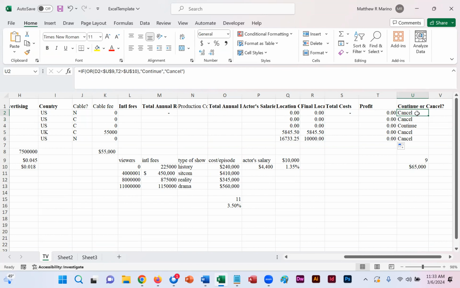So this one should be continue. This one should be continue. The other 3 will be canceled. Because when you actually do the profit here, the first one and the third one are going to be the only ones that are going to be positive.